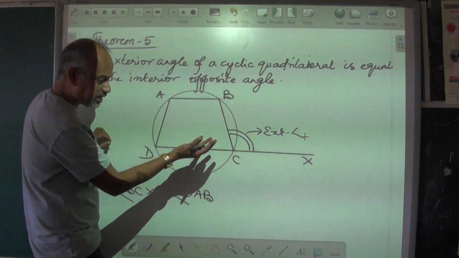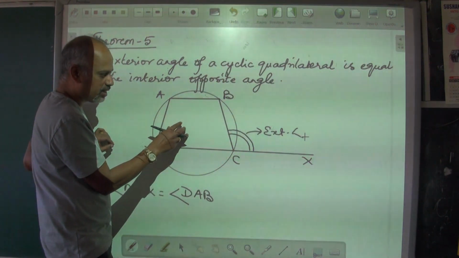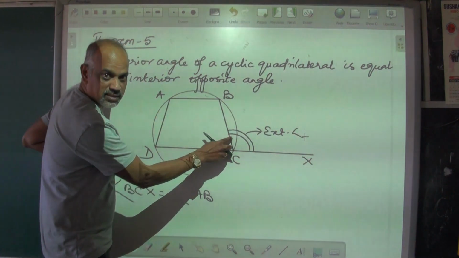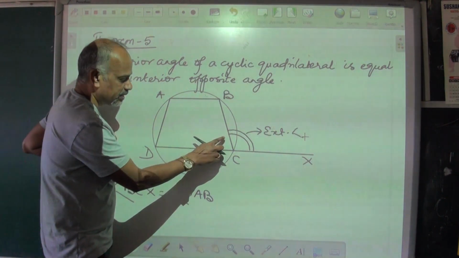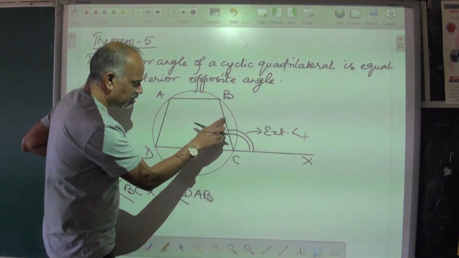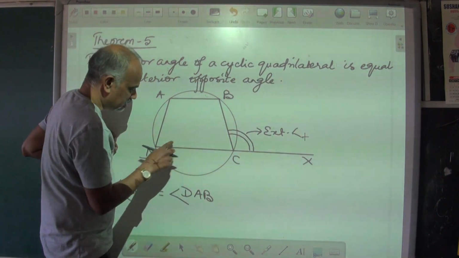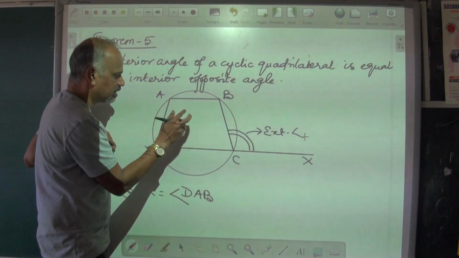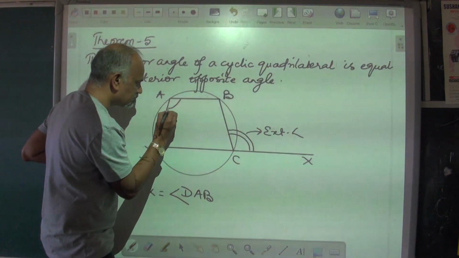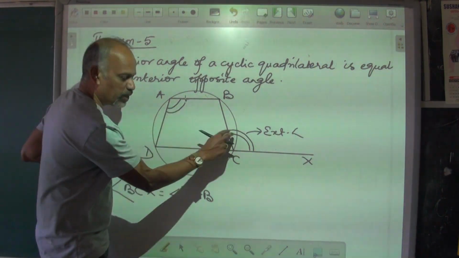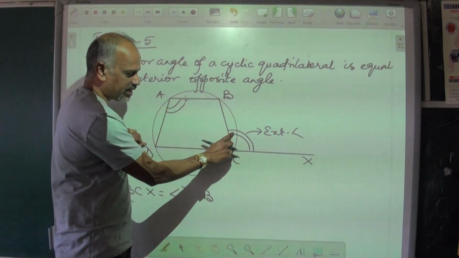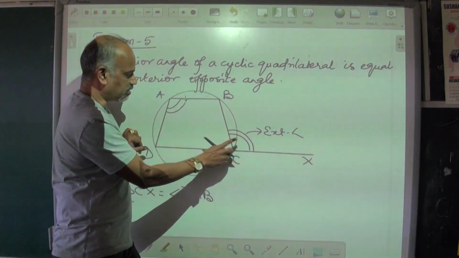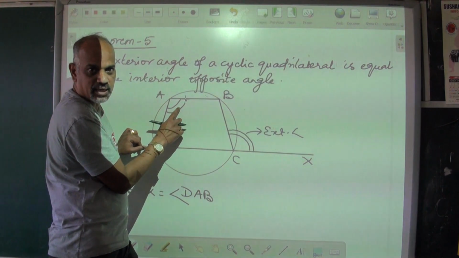So which is the interior opposite angle of the cyclic quadrilateral? It can't be this. This is adjacent. If this is adjacent, this is also not opposite. This is also not opposite. There is only one opposite angle. Opposite to this is this angle. These two angles will be the same. The exterior angle of a cyclic quadrilateral is equal to the opposite interior angle.